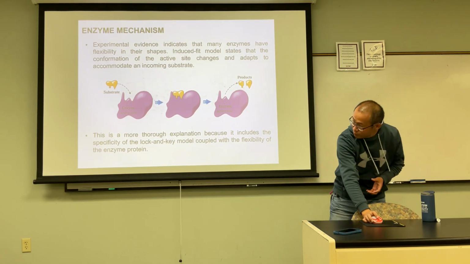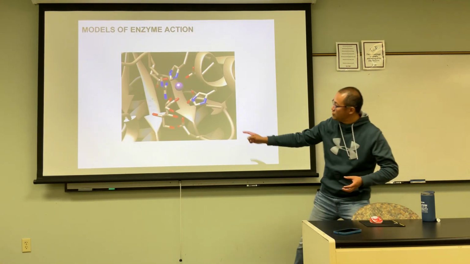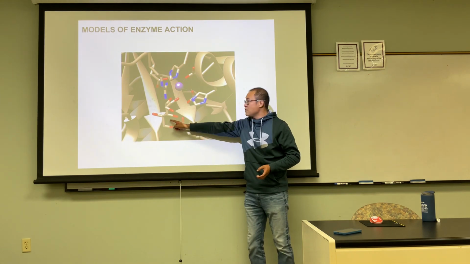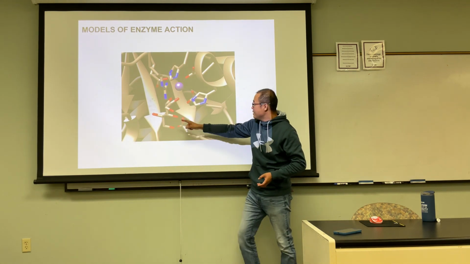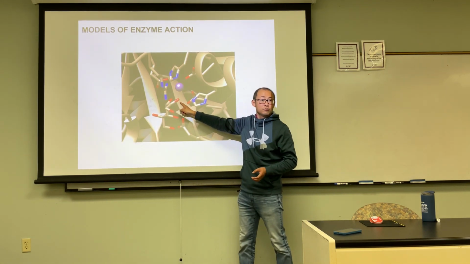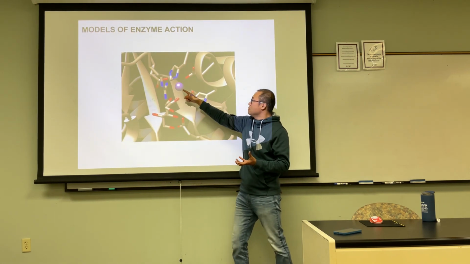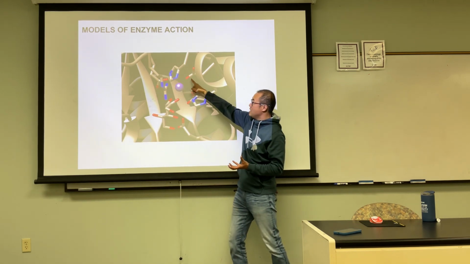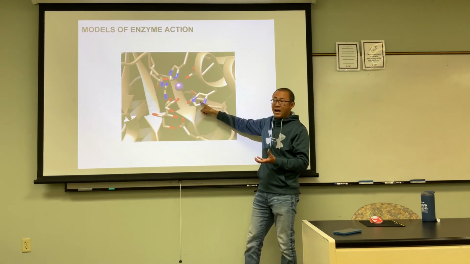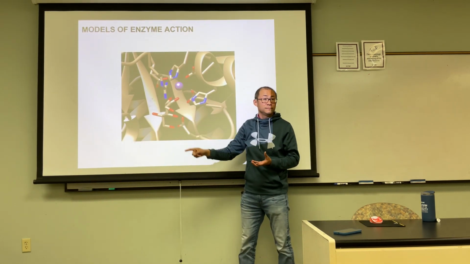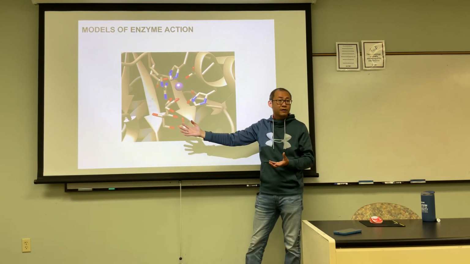Take a look. This one is the one I showed you. This is a small sugar, actually a 5-carbon sugar. Sugar has hydroxy groups. So what happens here is this hydroxyl group of the sugar binds with the side chain of the active site through the cofactor. So this is showing how small molecules are used.